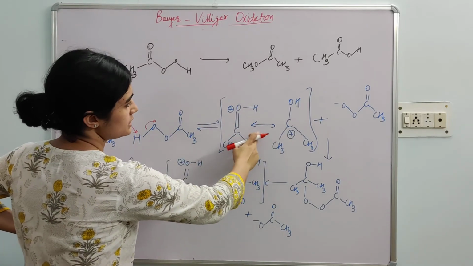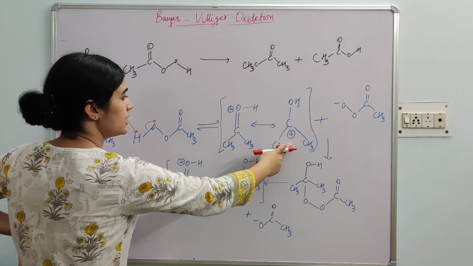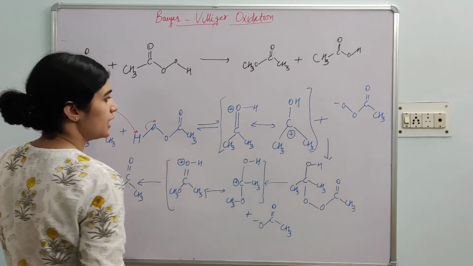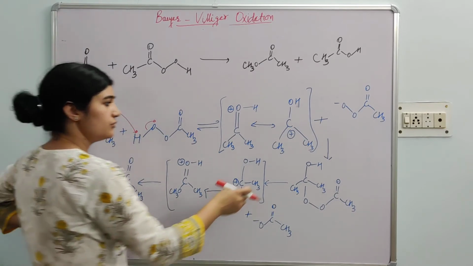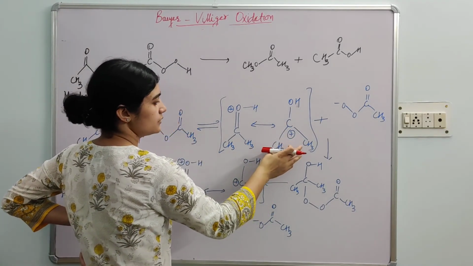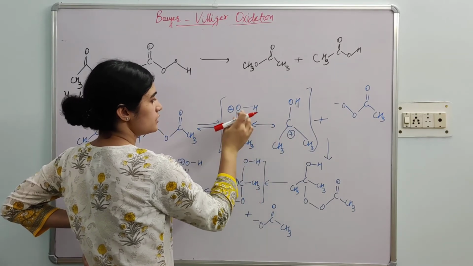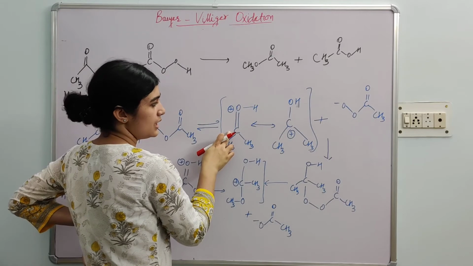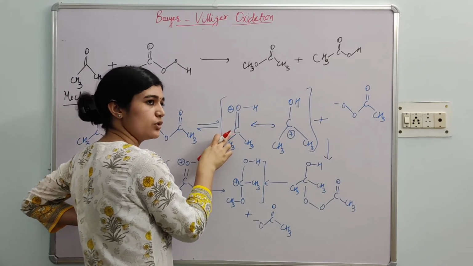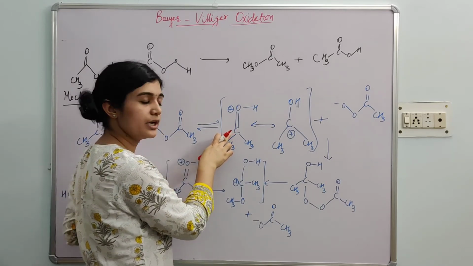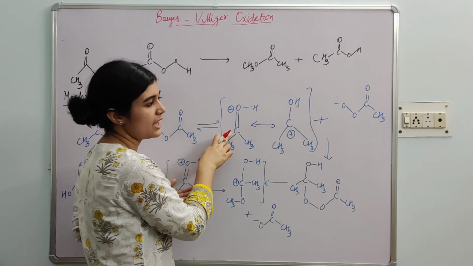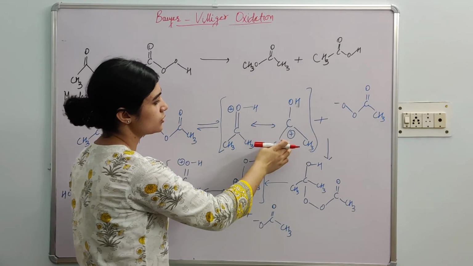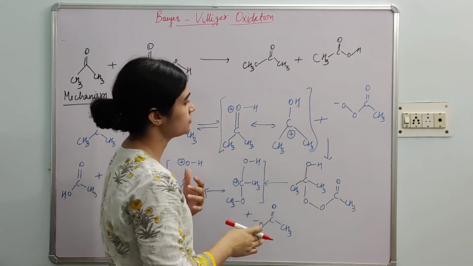This could exist as this structure also, where the carbon has a positive charge, and it will preferably exist like this because oxygen is more electronegative as compared to carbon, and according to the rules of resonance, the atom which is more electropositive will have the positive charge. So this carbon is electropositive as compared to the oxygen, so this carbon will have a positive charge.